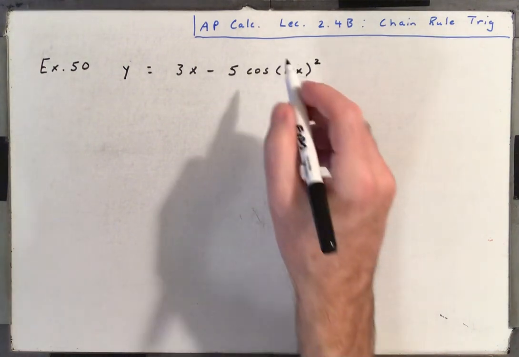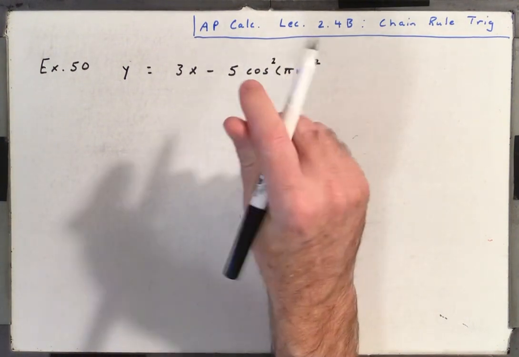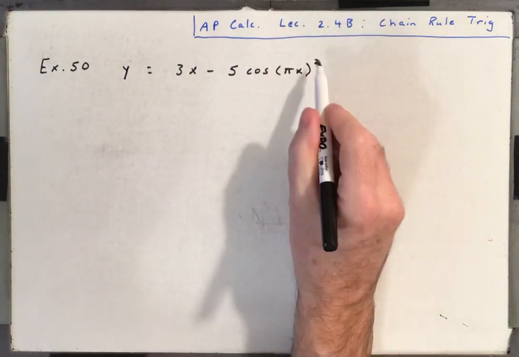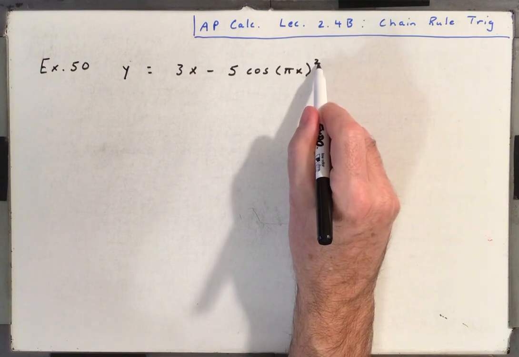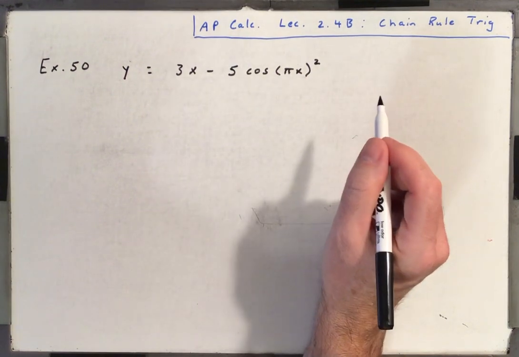So if I had a 2 here, which we don't, that would make it a 3-layer onion. Or if I have the angle to a power other than 1, that makes it a 3-layer onion.